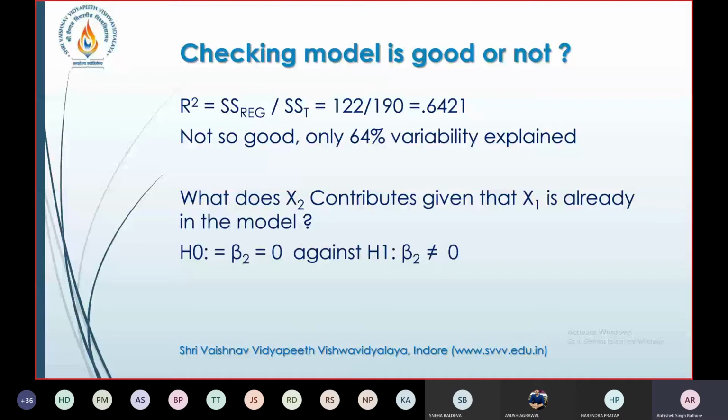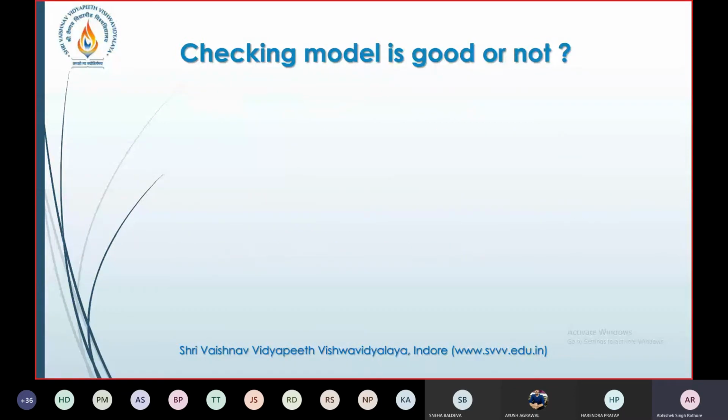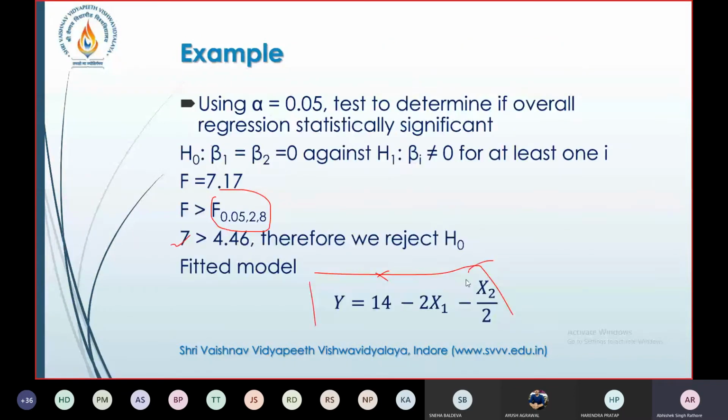We are checking whether this beta 2 provides some significant contribution in your model. That is, whether we should go for y equals 14 minus 2x1, or y equals 14 minus 2x1 minus x2. So this is my full model.